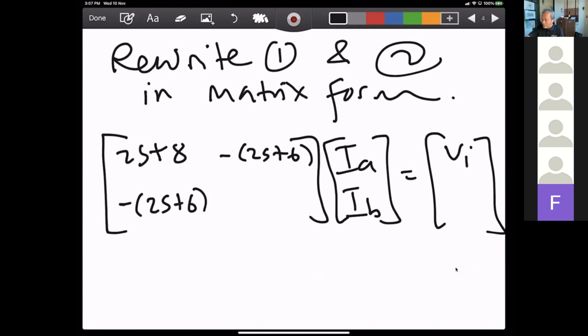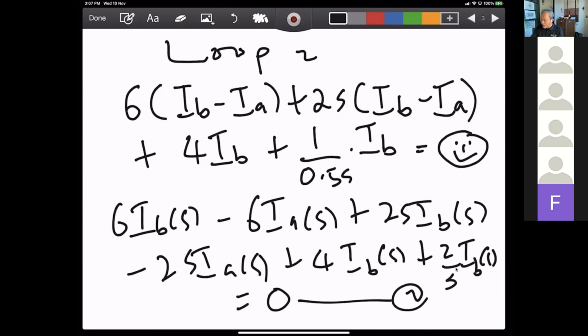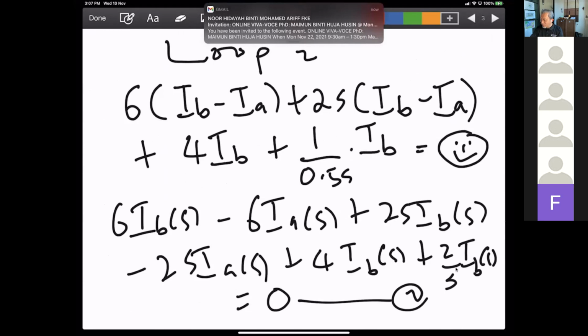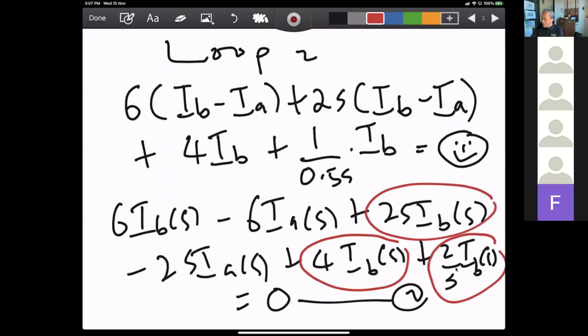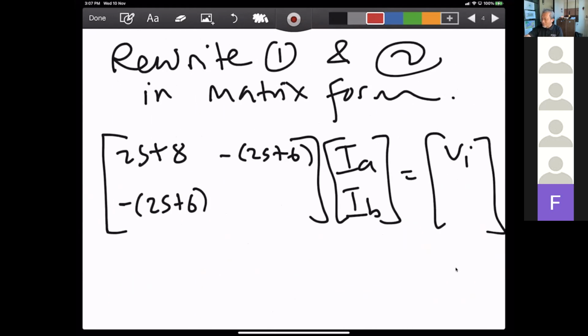IA, then B is 4 plus 2s. Wait, 4 plus 2 over s, that is, doctor, 2 over s plus 2s plus 4.